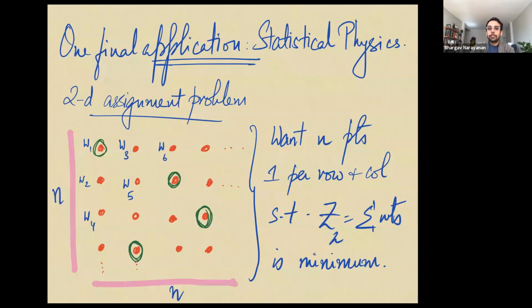What can we say about the expectation of Z2? Here's a trivial and cheap sort of lower bound. Look at, let's say, just the first row. The smallest weight in there is the minimum of n independent exponentials, so it's going to be on the scale of 1 over n.